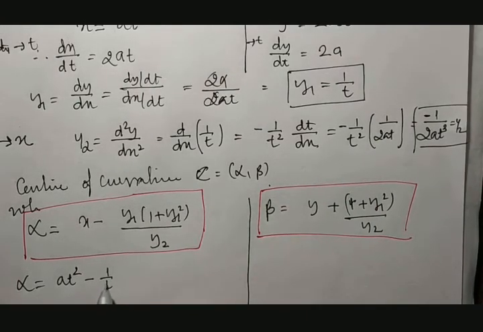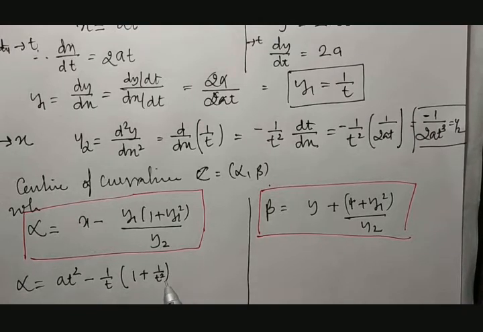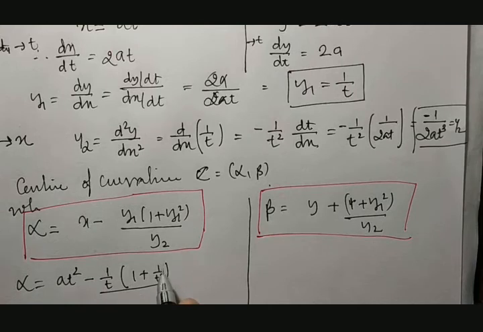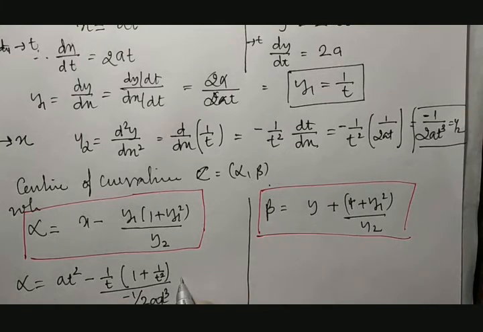So it is 1 by t into 1 plus y1 square. y1 is again 1 by t, the square means 1 by t square. Okay. This whole thing divided by y2. y2 is nothing but minus 1 divided by 2at cube. So which is equal to, which is nothing but, now this is at square.